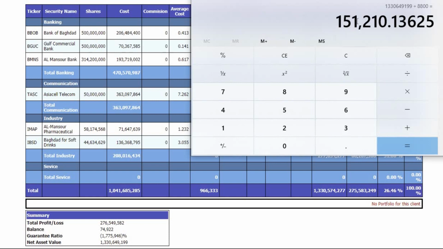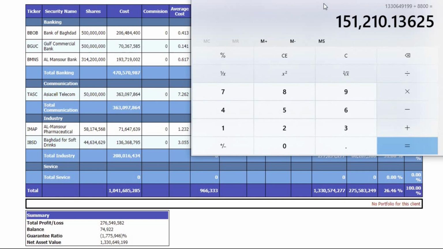If it was 151,210 dinar per block, it's actually going to be a little bit more than that, but we're saying 8,800 just to be on the underside so that I don't mislead you in any way.